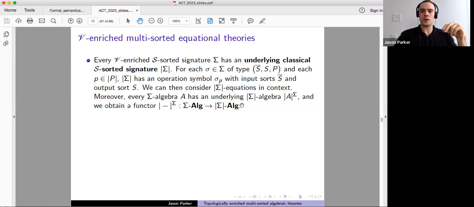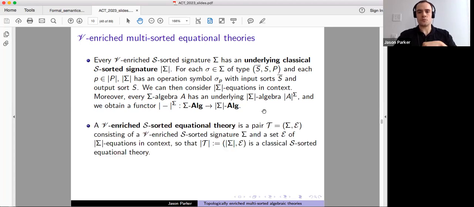And also every sigma algebra A has an underlying algebra for the underlying signature. This can be constructed in a very natural canonical way. And this assignment extends to a functor from sigma algebras to vertical bar sigma algebras.